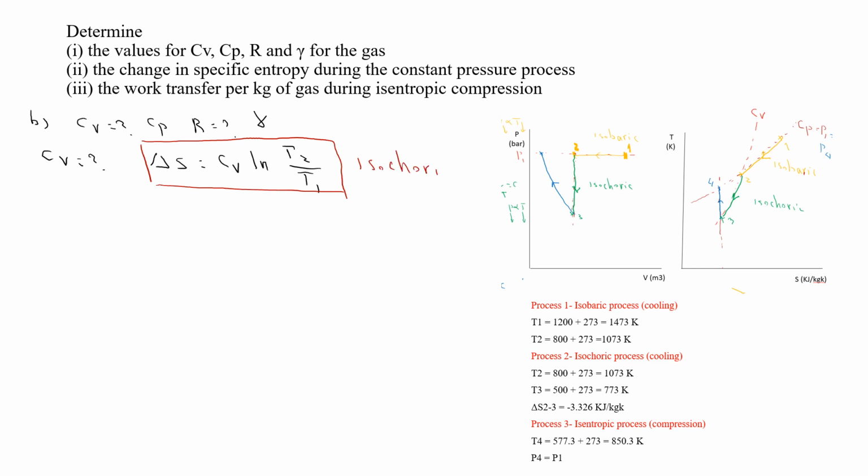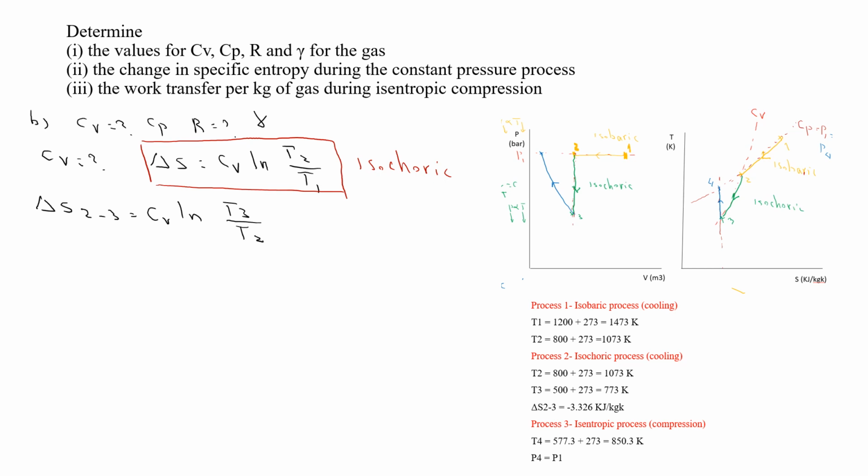Using this formula, we will write it down for our isochoric process from state 2 to state 3. So we will write down that delta S 2 to 3 is equal to Cv natural log of T3 over T2.